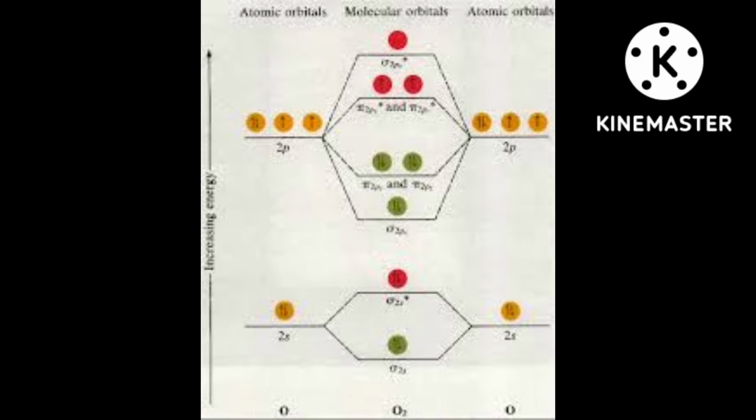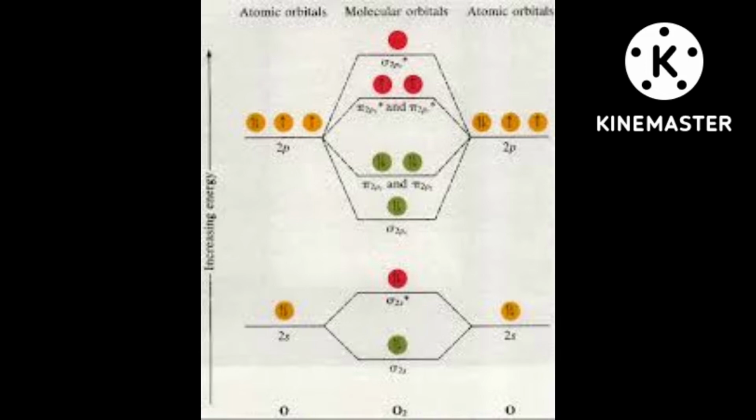If two atomic orbitals are mixing, then they will make two molecular orbitals. One will be a bonding molecular orbital, another will be an anti-bonding molecular orbital. Now what are the conditions for the combination of atomic orbitals, that I am going to discuss.